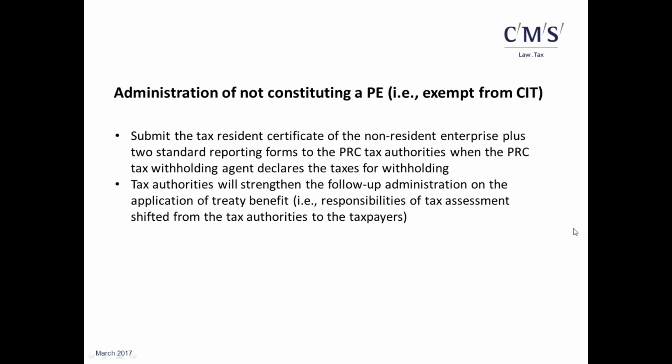But if the foreign enterprise does not provide these documents to the PRC tax authorities, under normal circumstances, the PRC tax authorities will just assume the existence of a PE in China and tax the foreign enterprises directly.